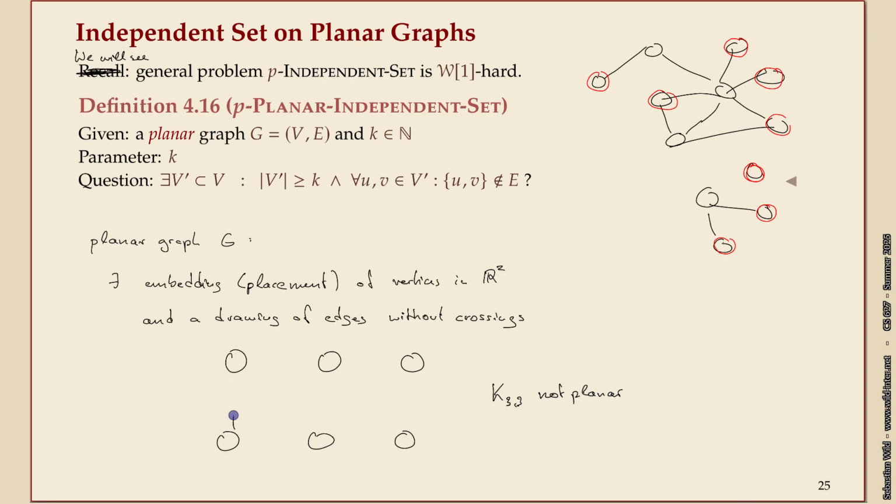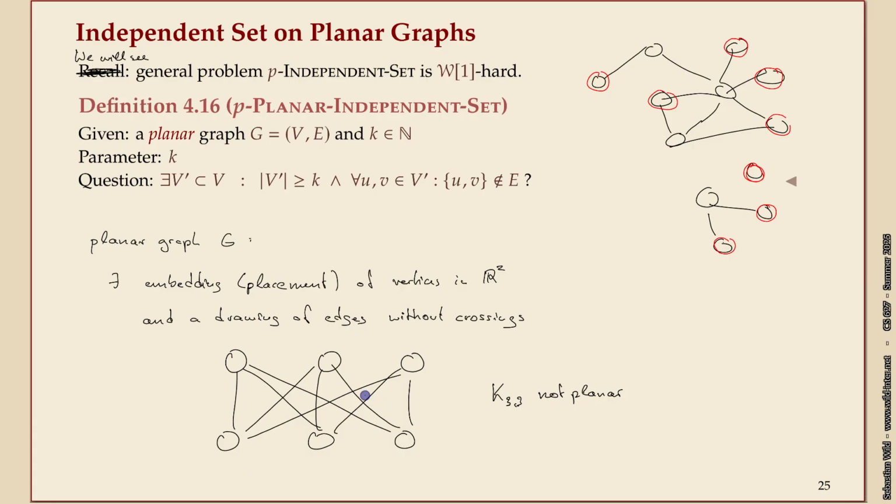So every vertex here connects to every vertex on the other end. But it's bipartite, which means all the edges go from one set of vertices to the other set. Here we have the lower and the upper vertices, and there's no edges among the lower or among the upper vertices. And now the way I've drawn this graph clearly has edge crossings.